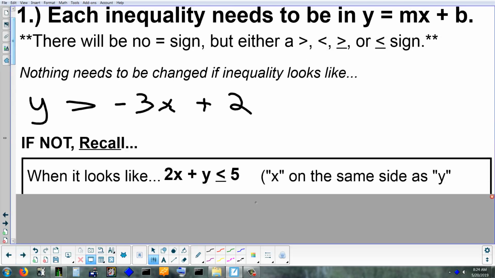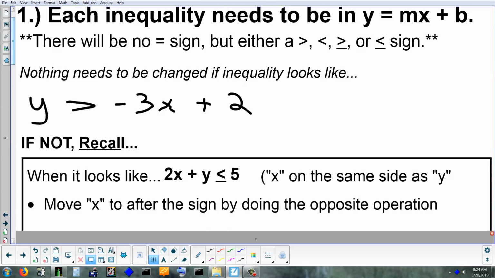If you've got something where x and y are on the same side, then we have to fix it. Okay, so in the box, you guys have a line with a bullet next to it. Move x after the equal sign by doing the opposite operation. I don't remember what it was in the warm-up exactly.